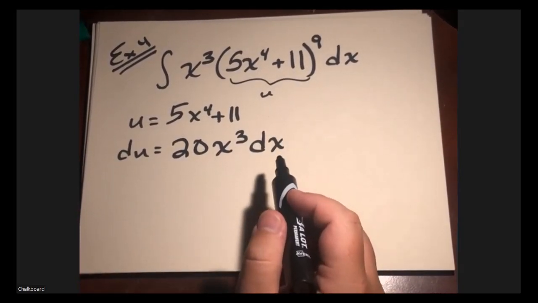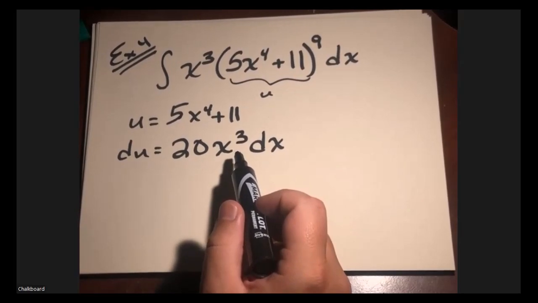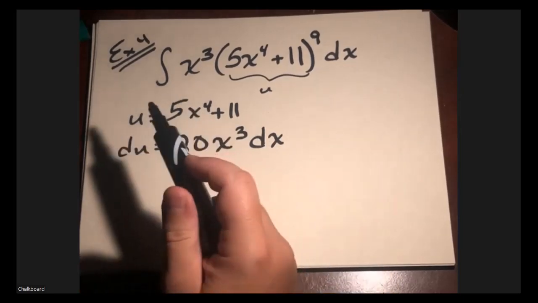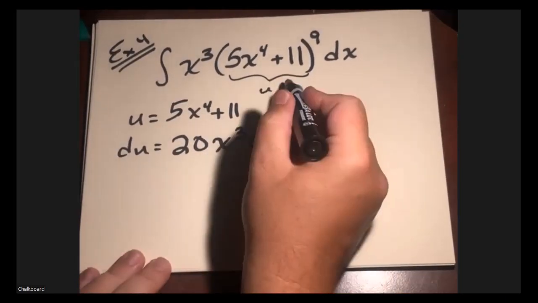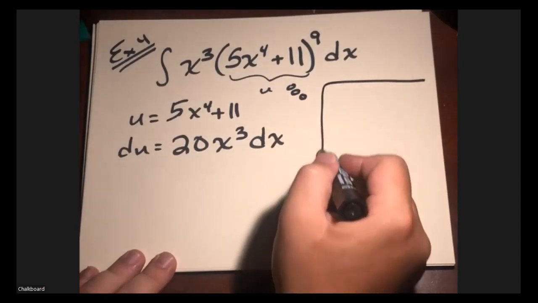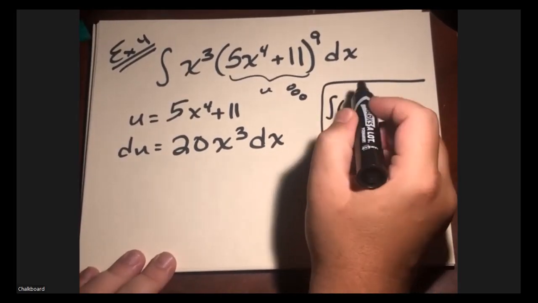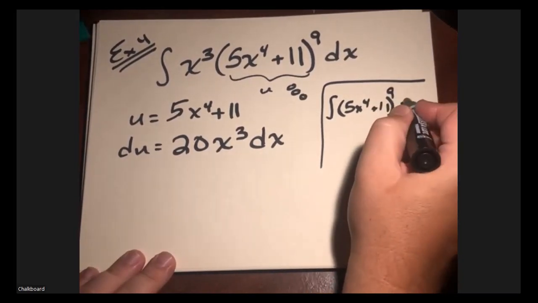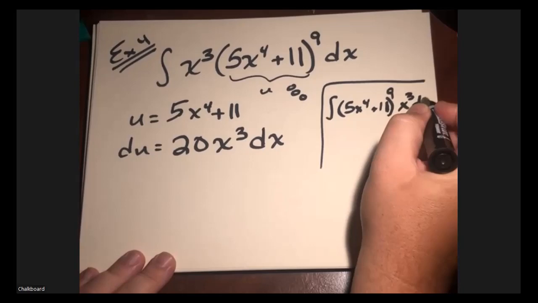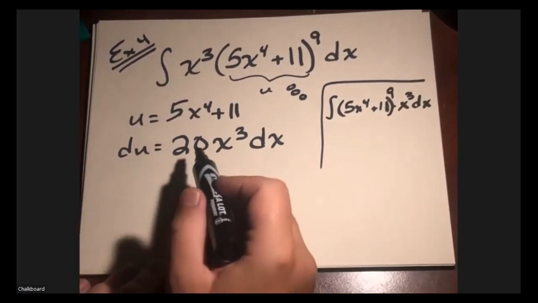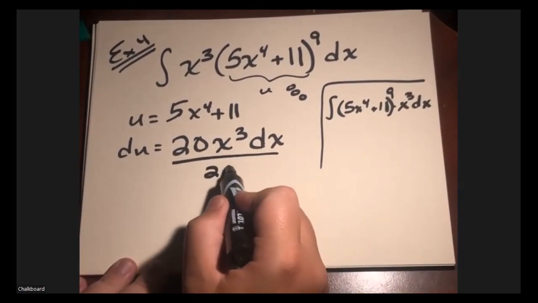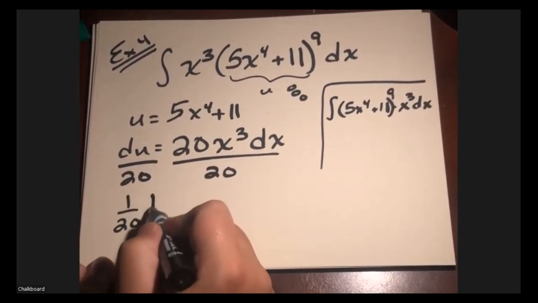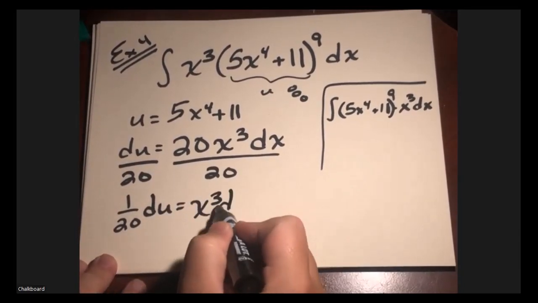And it does come back that at least we have x cubed here. But notice we have 20x cubed. So how can I fix this? Well, first I'm going to rearrange this, and then I'm going to rearrange it cleverly so that it looks like this: 1/20th du equals x cubed dx.